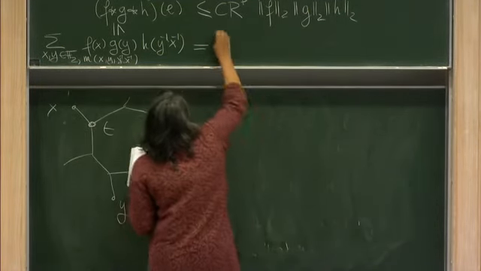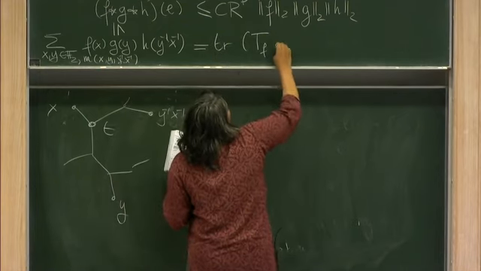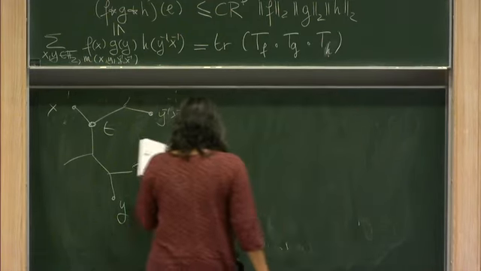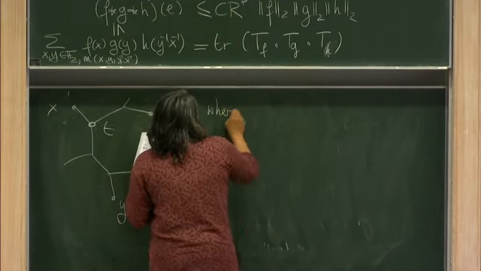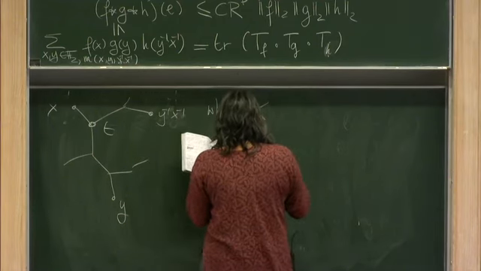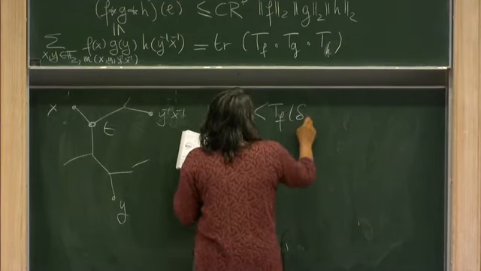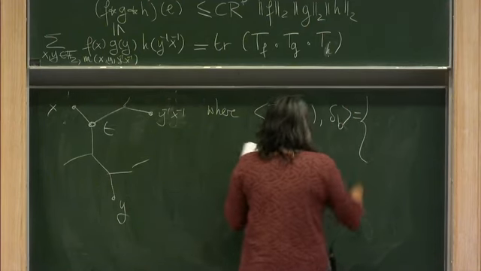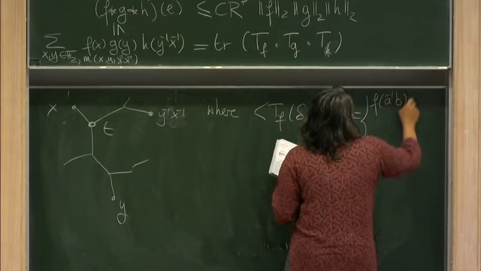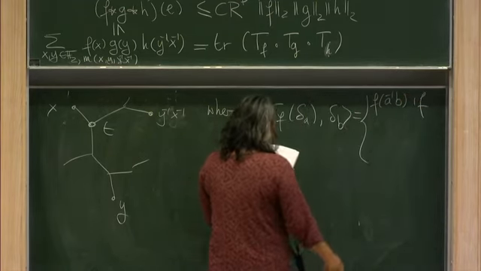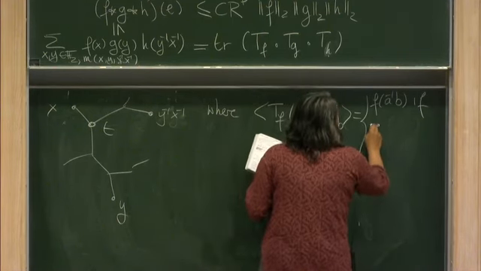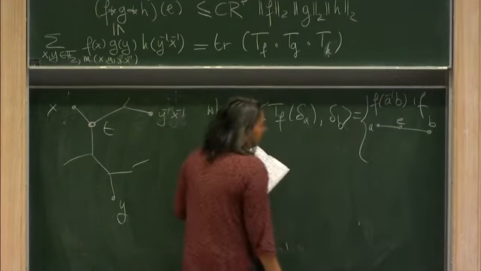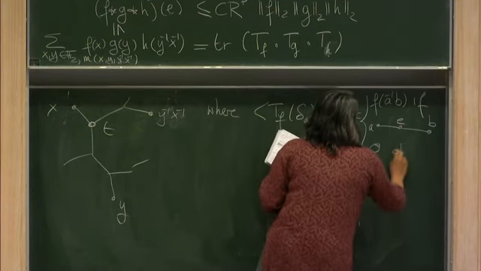You can express that as the trace of the composition of three operators, where your operator is going to be from L2 to L2. You give this operator in matrix form: the entry at A, B is going to be f of A inverse B if you have the situation that A is the identity and B is on a geodesic, and 0 otherwise.